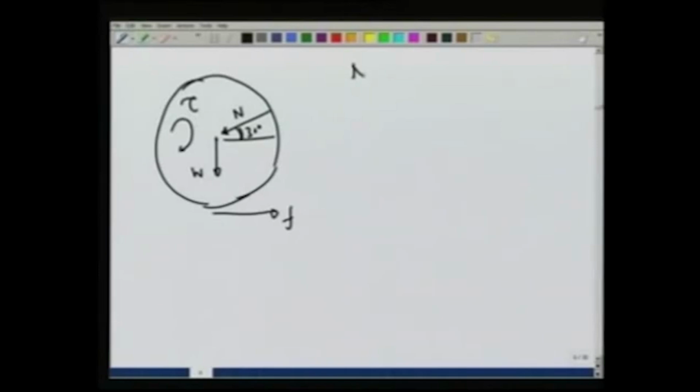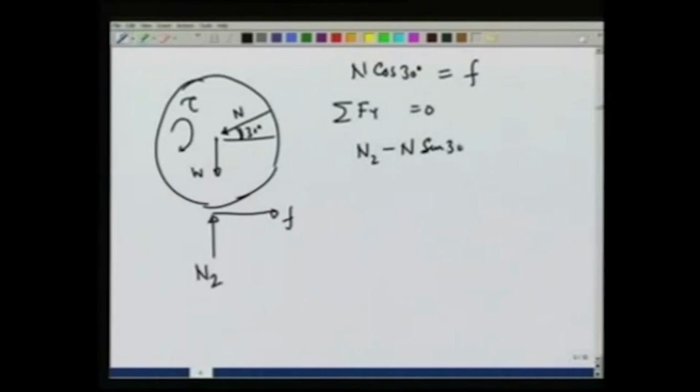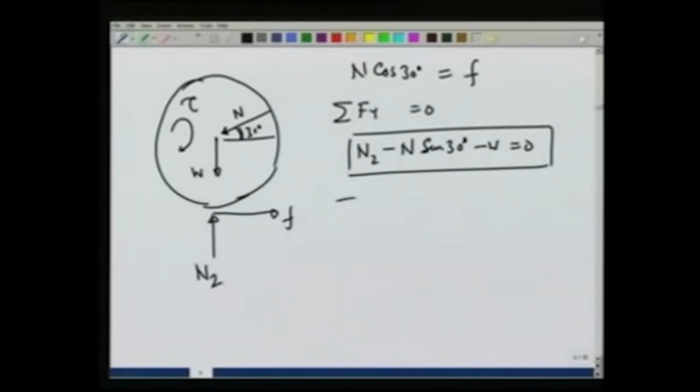So, we found that N cosine of 30 degrees is equal to F. Summation F y is equal to 0 would give me, if there is a normal reaction N 2 here, N 2 minus N sine 30 degrees minus W is equal to 0. That is the other condition. And the third condition for the torque is summation tau about z is equal to 0. Let me take the torque about the center of the wheel right here shown by blue.